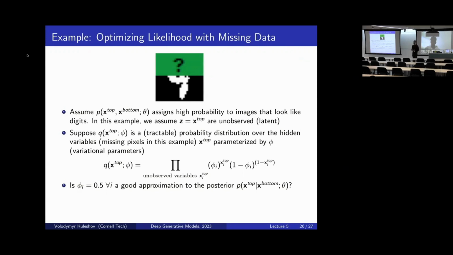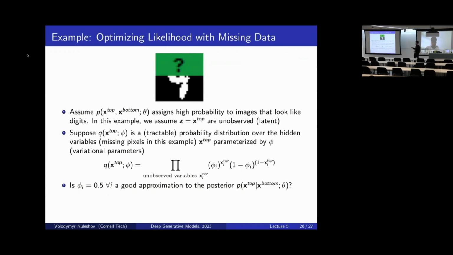Okay. So now back to my question, Q of X top given phi. We're going to try to approximate this P of top given bottom using a simpler form, because we're never going to be able to represent the P of Z given X exactly with the PixelCNN model. It's going to be intractable. But we can try to approximate it.